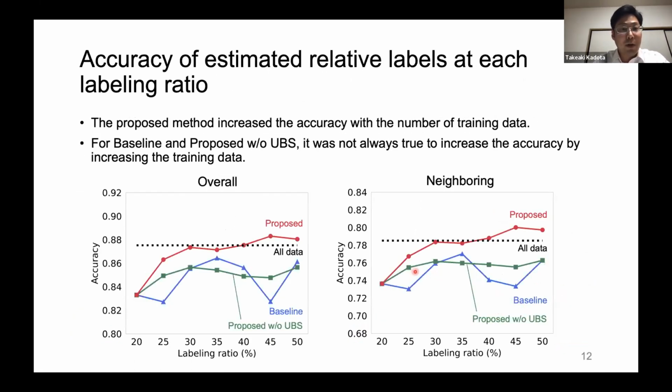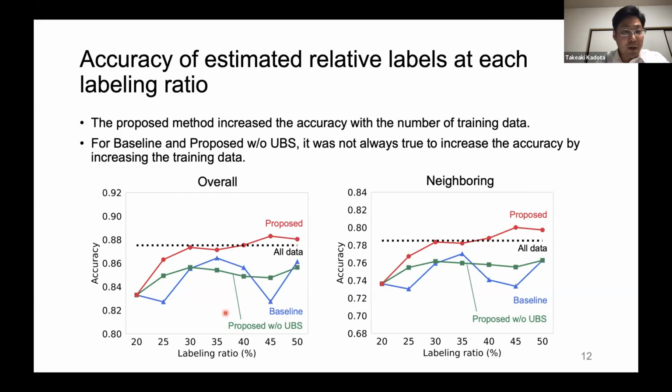This figure shows the accuracy of estimated relative labels at each labeling ratio. The horizontal axis indicates labeling ratio, the vertical axis indicates accuracy. The proposed method improves the accuracy with the number of training data.